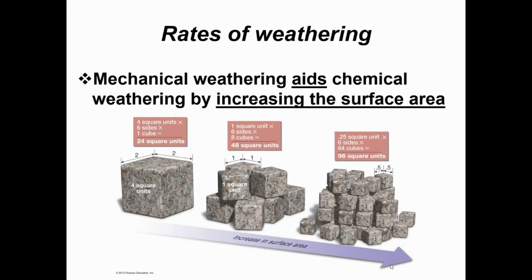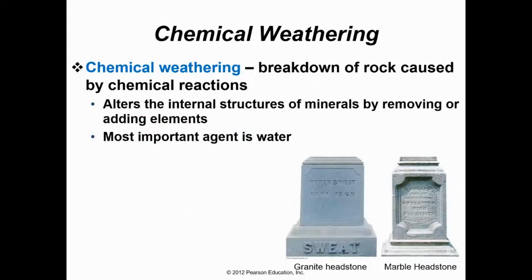All right, so those are the two, and actually, let me give you an example of chemical weathering. Caves are essentially a type of chemical weathering because you have the chemical breakdown of calcite in the limestone.